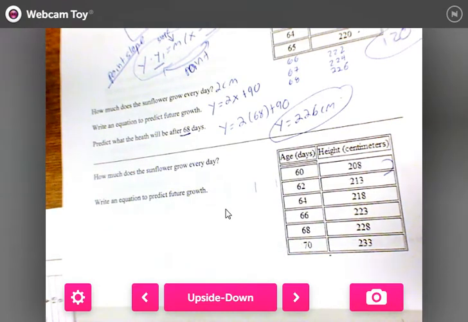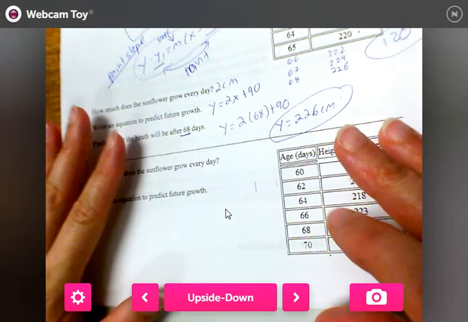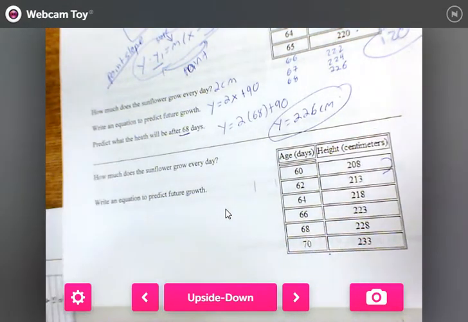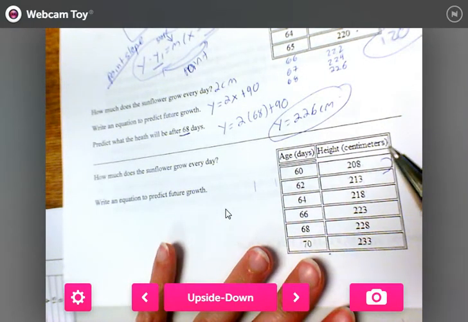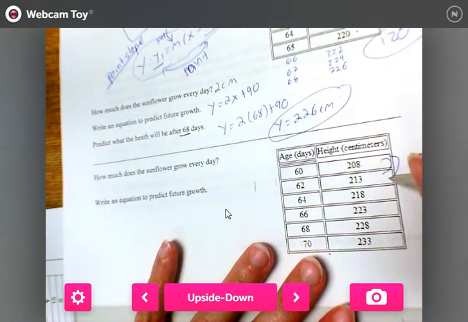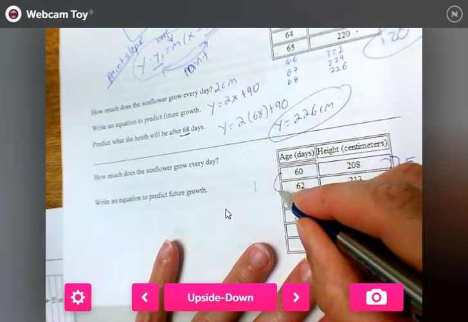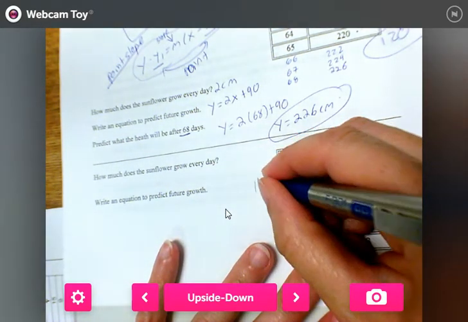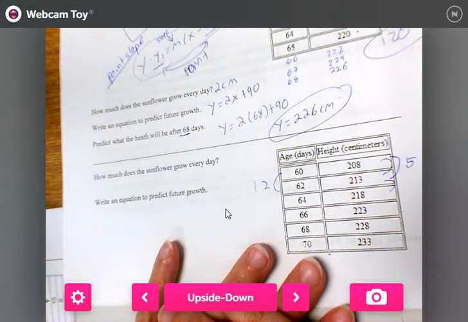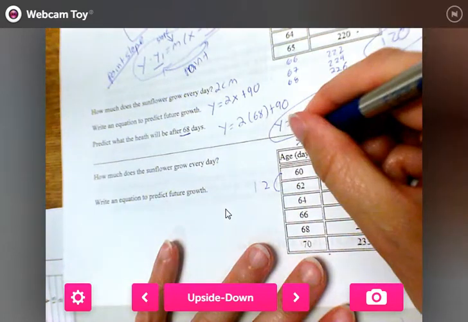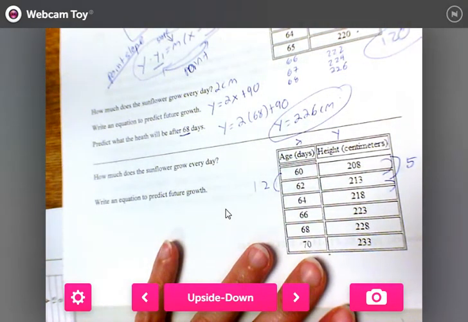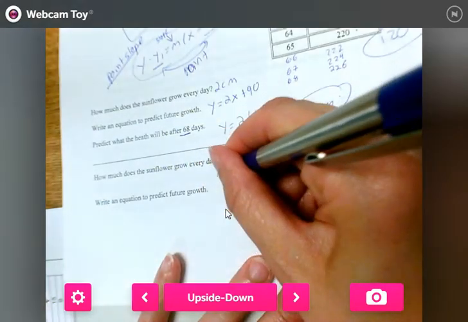Hold on. All right, guys, so I gave you a tricky one for your next one. So let's talk about why this is. This side goes up by 5, right? But this side goes up by 2. So how am I going to change that into a slope? Remember, this is x, this is y, so it's rise over run. My slope is m.